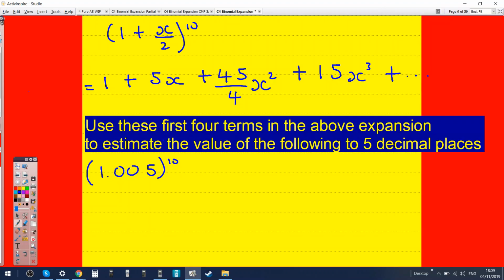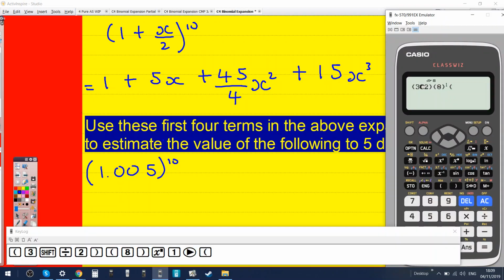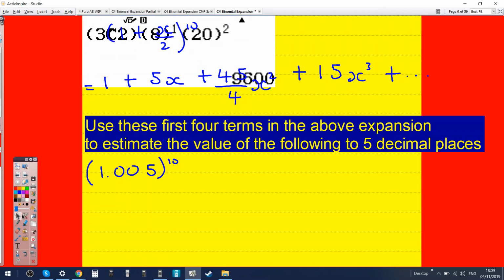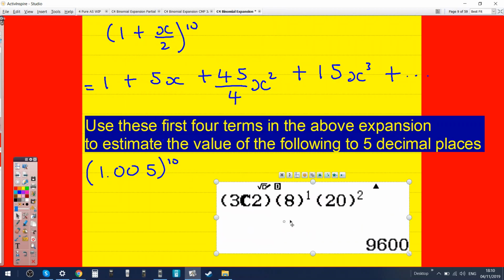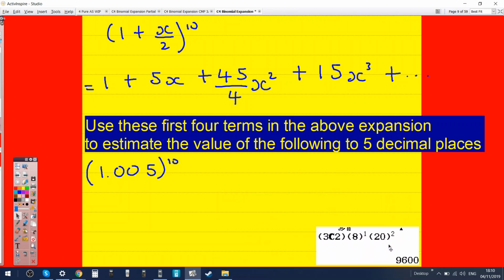You may not know. So if you compare the two brackets, what do you notice? That they're both to the power of 10. Yeah. And so what do you know about what's inside the two brackets? That they are the same thing. So basically 1 plus x over 2 is equal to 1.005.